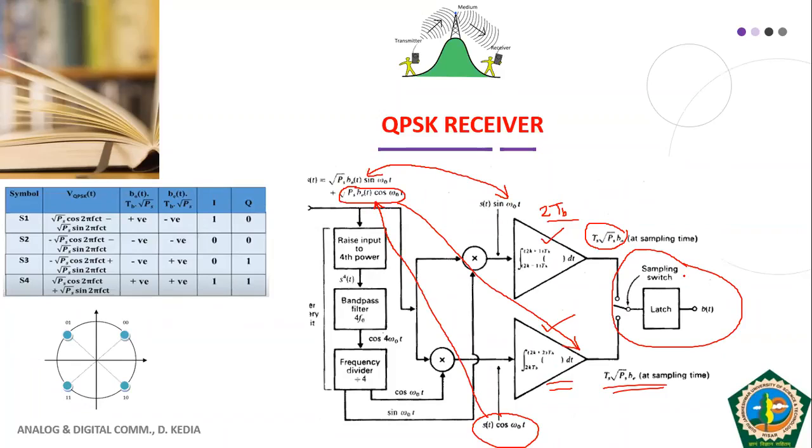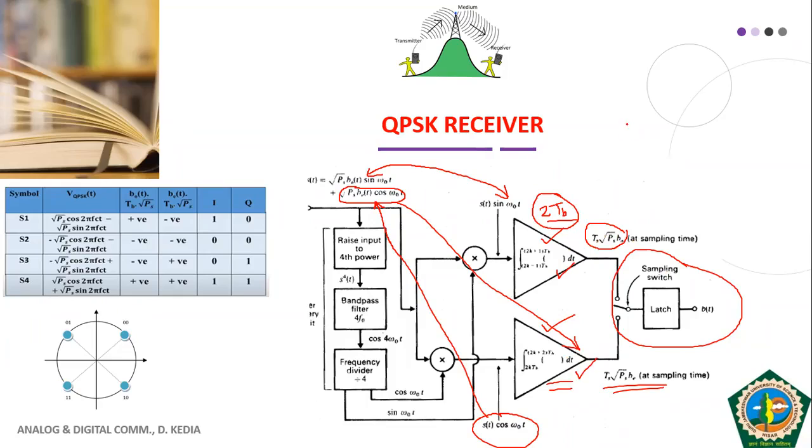Since we have to receive the even bit for 1 bit duration and the odd bit for 1 bit duration, out of these 2 bit duration periods, for 1 bit duration we will sample the odd bit, and for another bit duration we will sample the even bit.